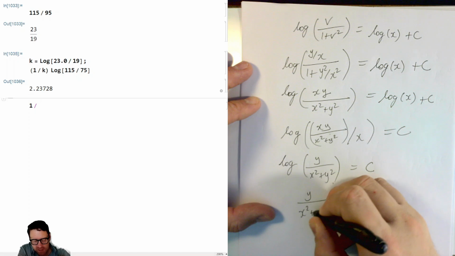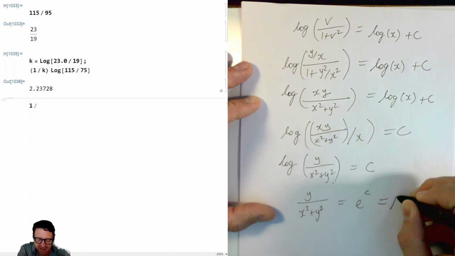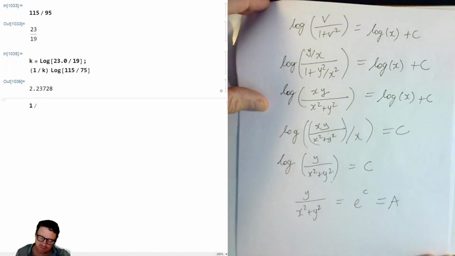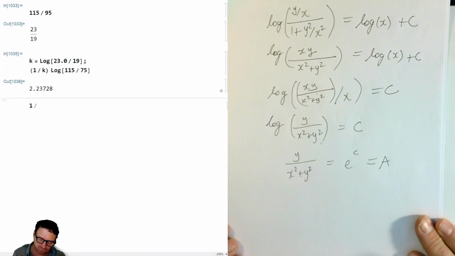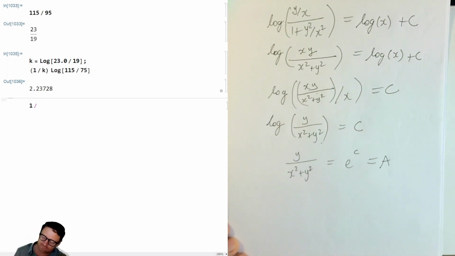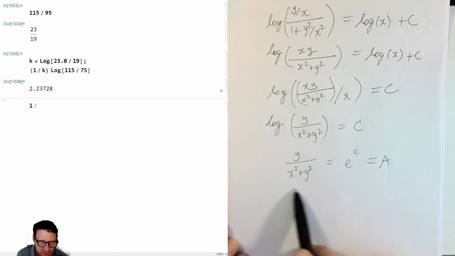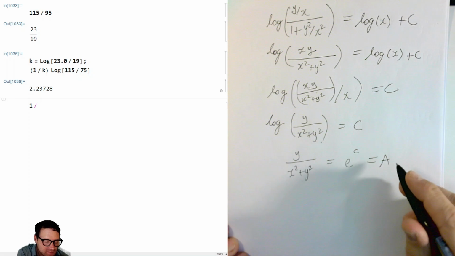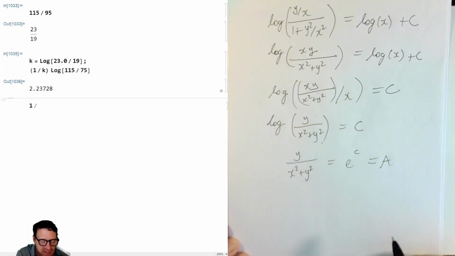Okay, now let's solve this for the interior of this log. y over x squared plus y squared is equal to e to the power of c, and let's call that a. Then let's take that a over to the left hand side.